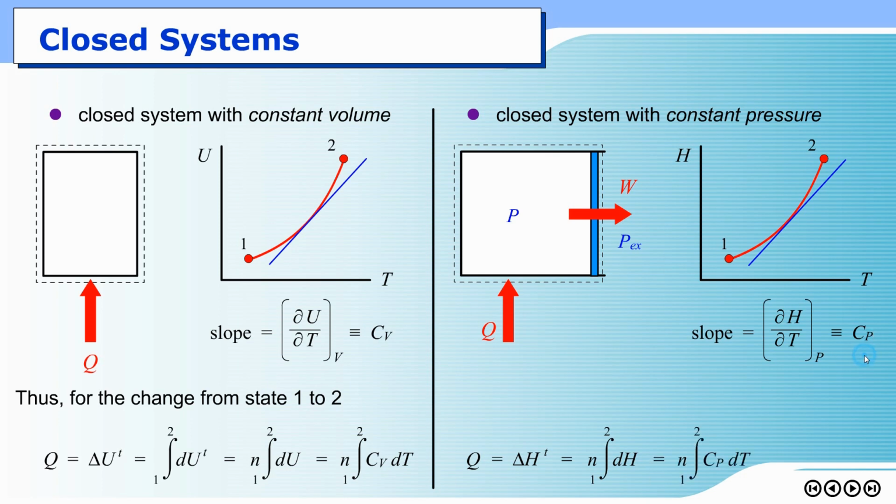And replace this definition, dH would equal Cp dT here. So you see that at the end, the equation remains in similar form. This is Cv, this is Cp, but they are in similar form.